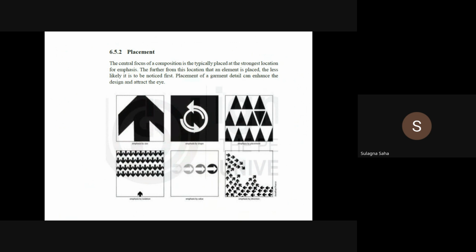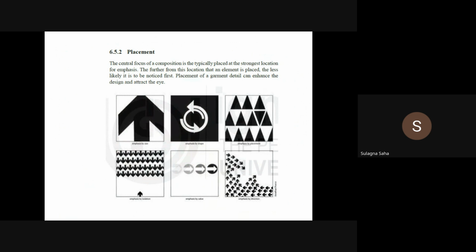The next technique of emphasis is placement, wherein the central focus of the composition is typically placed at the strongest location for emphasis. The further from this location that an element is placed, the less likely it is to be noticed.